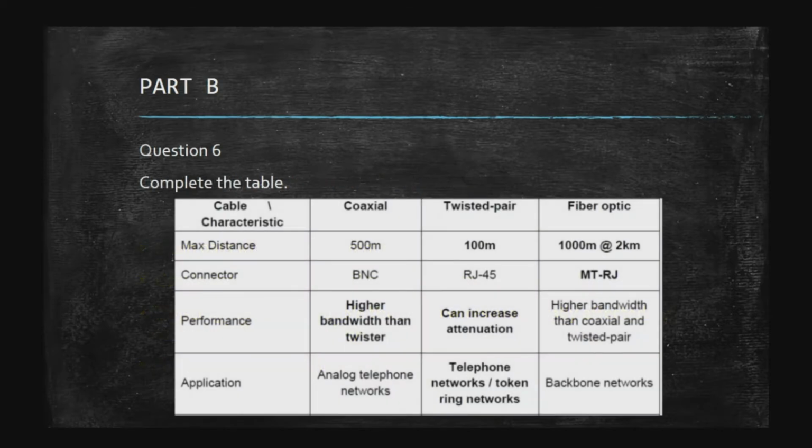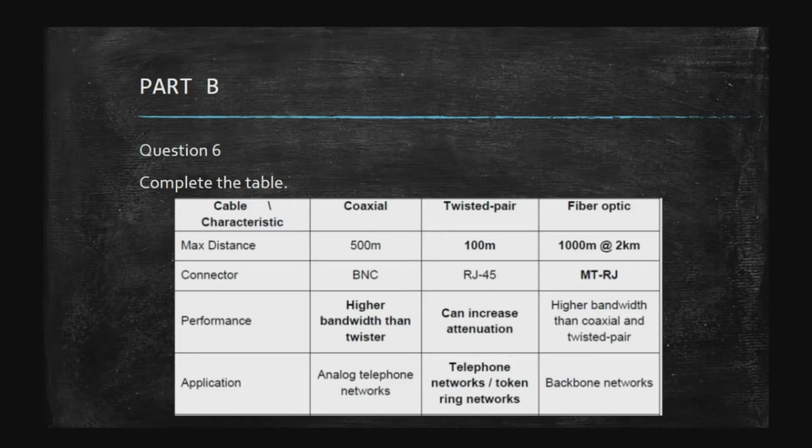Okay, next question, you need to complete the table. So you are given a table of the cable. We have coaxial, twisted pair, and fiber optic. So you need to complete it. Okay, maximum distance. Different cables have different distances.